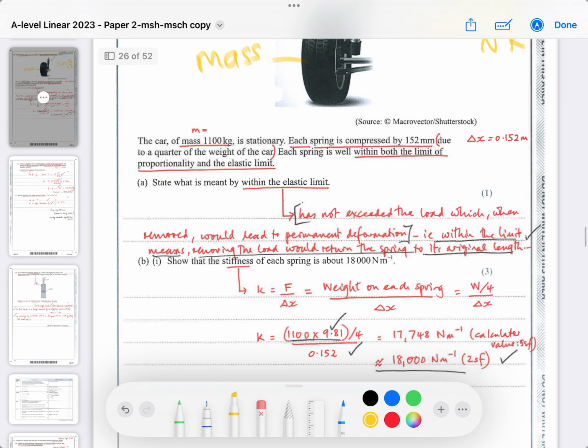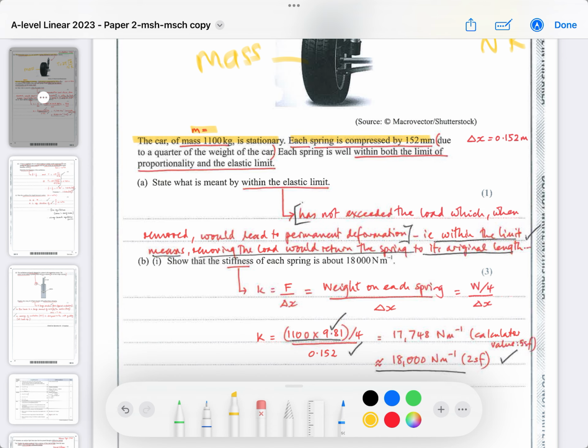So it says the mass of the car, when it's stationary, is 1100, and it's stationary. So we know the total mass. Each spring is compressed by 152 millimeters.